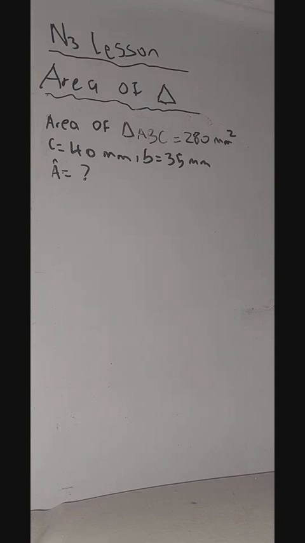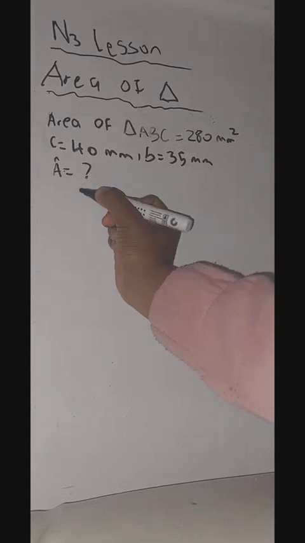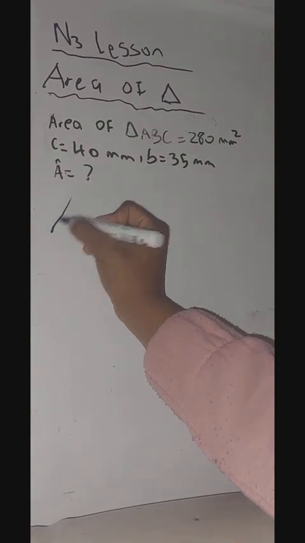Okay, guys, dealing with the last question. It says the area of triangle ABC is 280 millimeters squared, C is 40 millimeters, B is 35 millimeters, and calculate the magnitude of angle A. Right, so let's draw a triangle just to see.